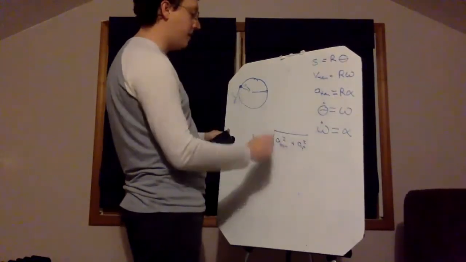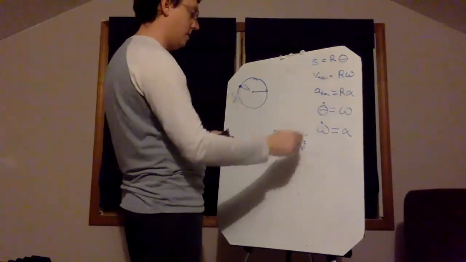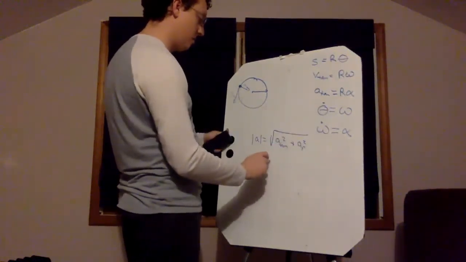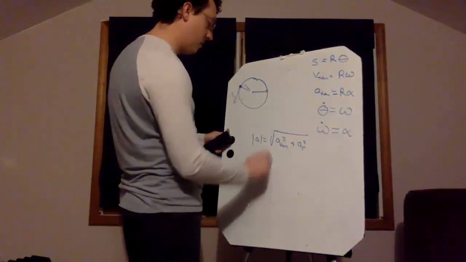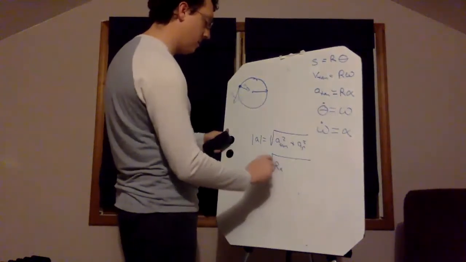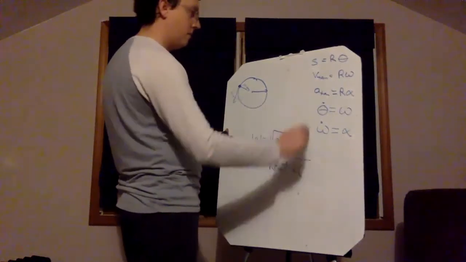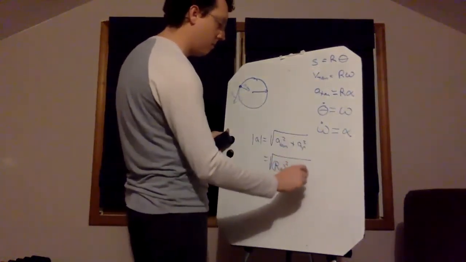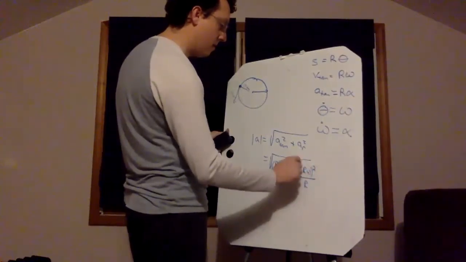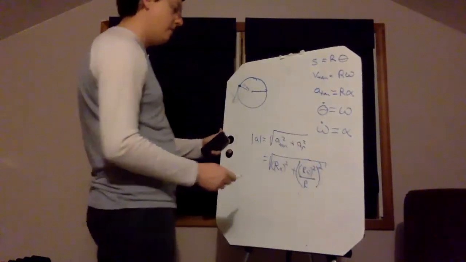Well, we can rewrite this in terms of these new angular quantities, because the radial acceleration is going to be V squared over R. So let me write this out here. This is going to be the square root of R alpha quantity squared plus V squared over R, that's R omega squared divided by R, squared. Just plugging in there.